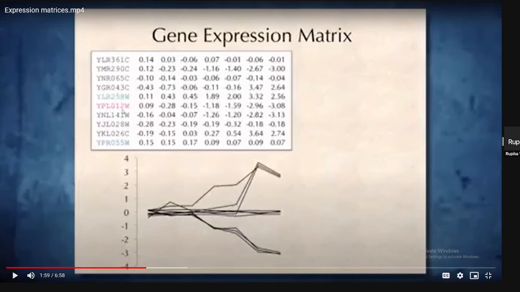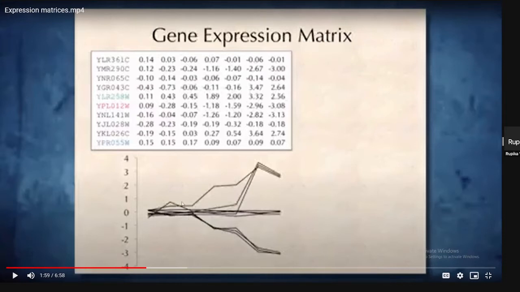And this is the plot of the different expression levels. Some expression levels go down, and this is for 7 points. Expression level is measured at 7 checkpoints, right?